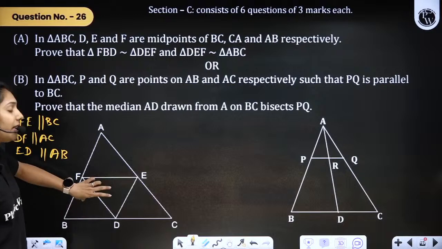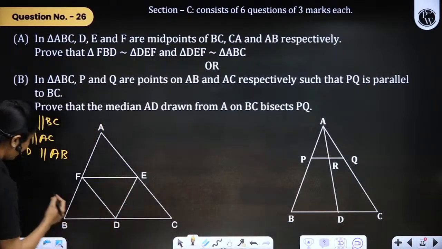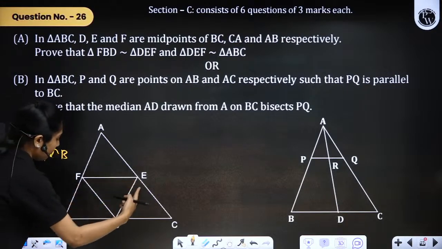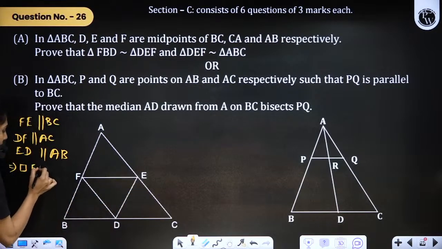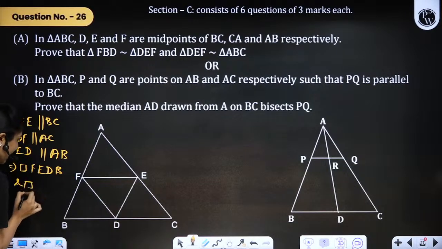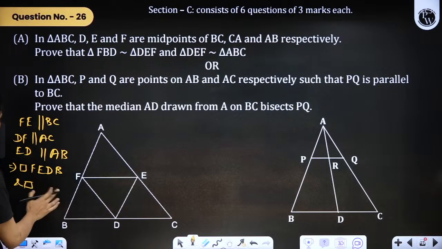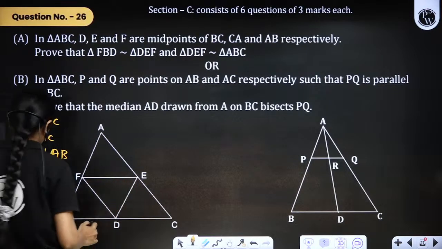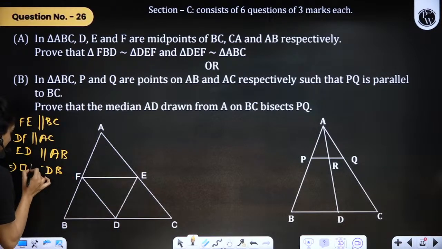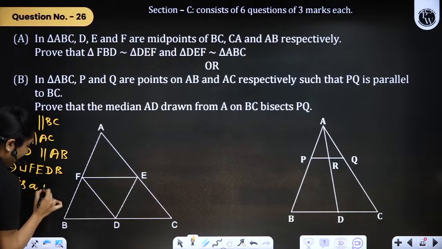Now considering these two triangles, if these two sides are equal, then I can clearly say that quadrilateral FEDB is a parallelogram.